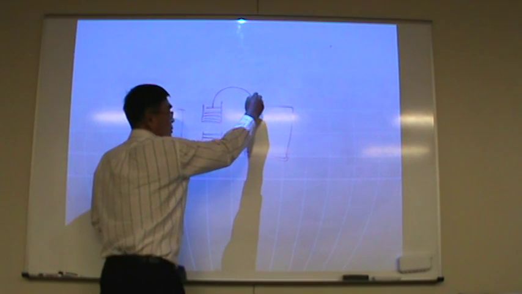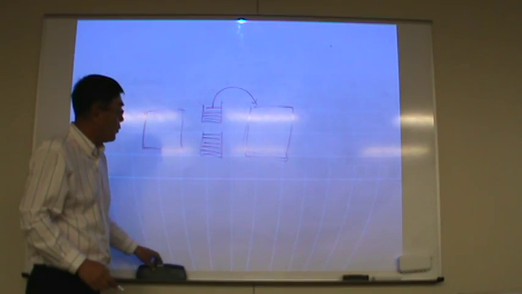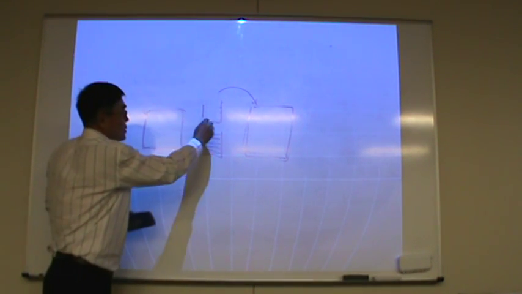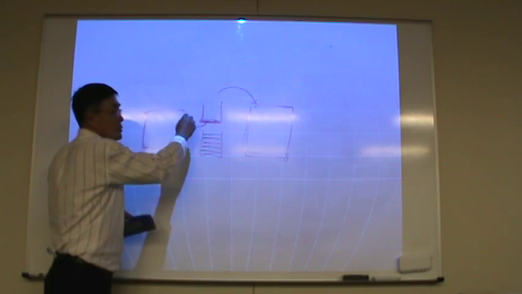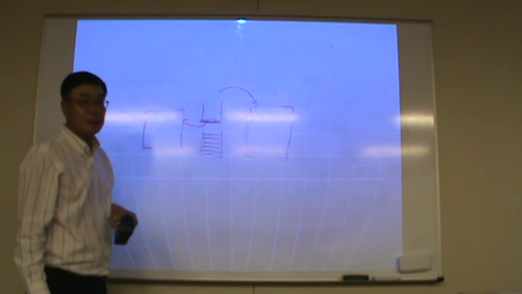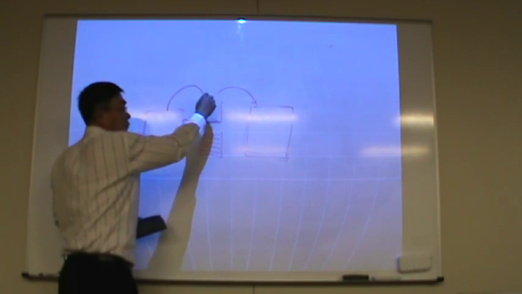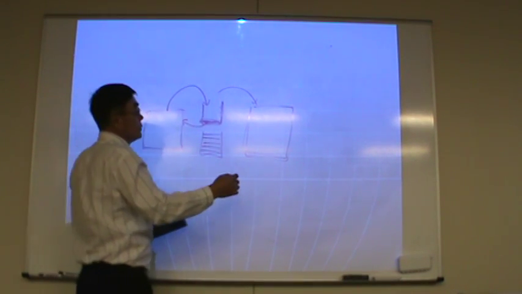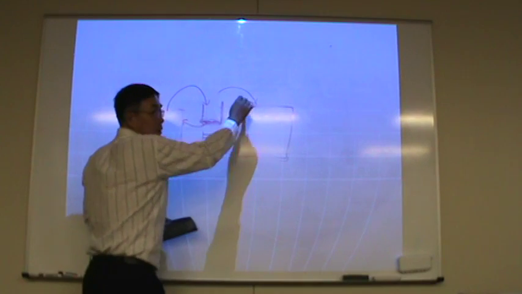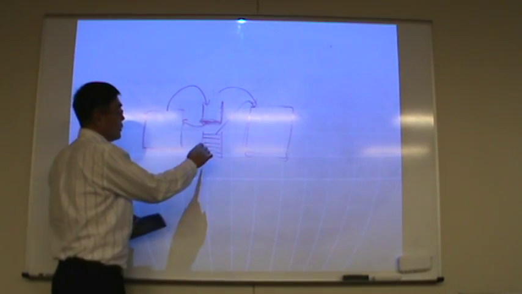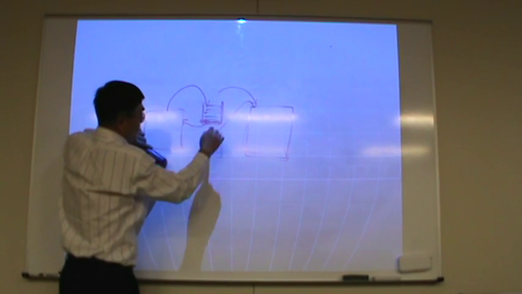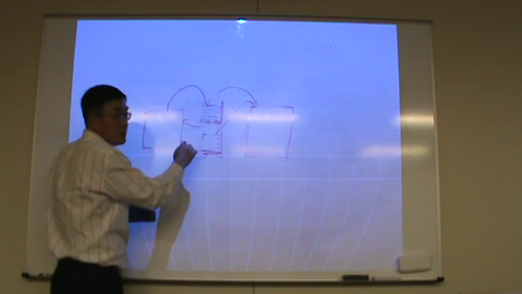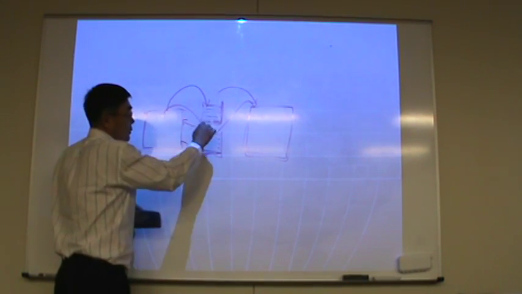This one uses this part. When it's empty, maybe there is a sensor here that sends a signal: I need parts. Then this one is filled. While this one is filled, this one uses this part. And when it's empty, this one sends the signal and fills.